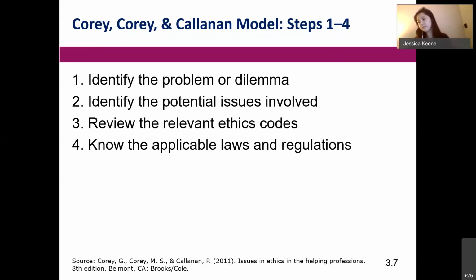Similar to Miller's, even for Corey and Corey, you identify the problem or the dilemma. You need to first identify what the issue is, what is the dilemma, and then you identify the potential issues involved. It's quite similar. Review the relevant ethics codes and know the applicable laws and regulations.